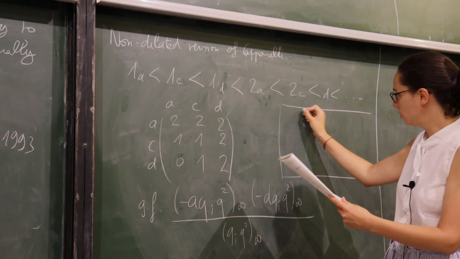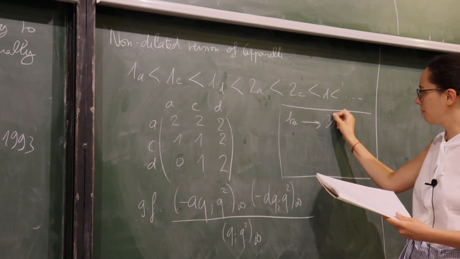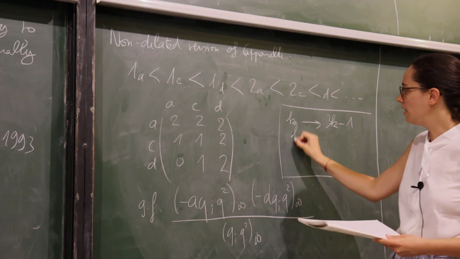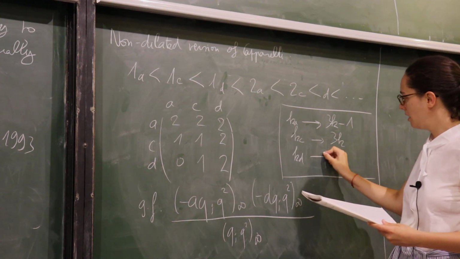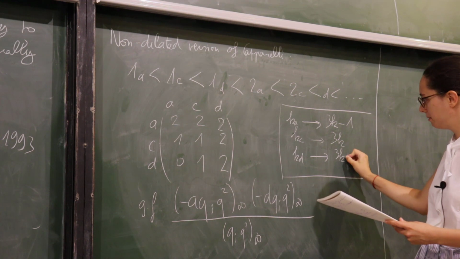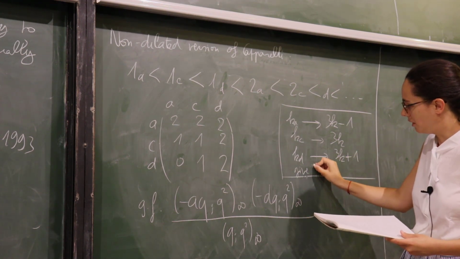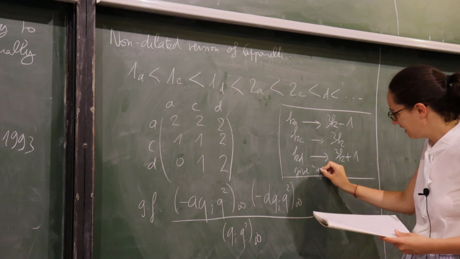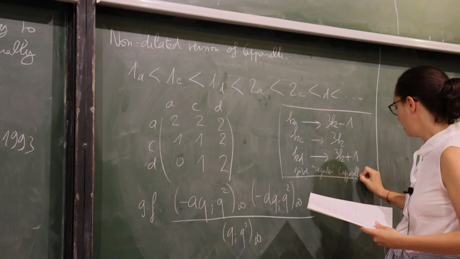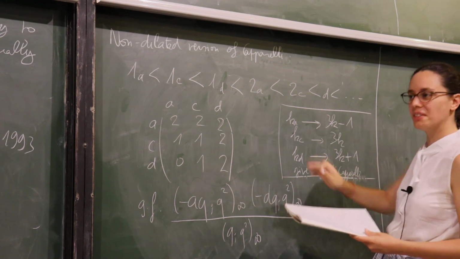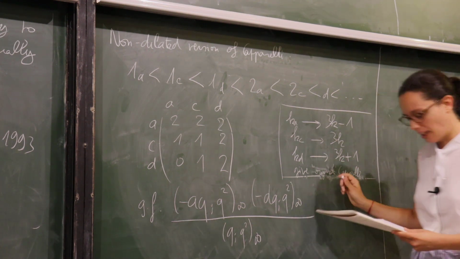And if you want to find the usual Capparelli again, you should transform the integers: Ka into 3k minus 1, Kc into 3k, and Kd into 3k plus 1. So that gives the original Capparelli.